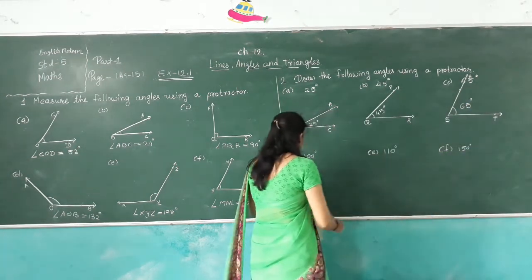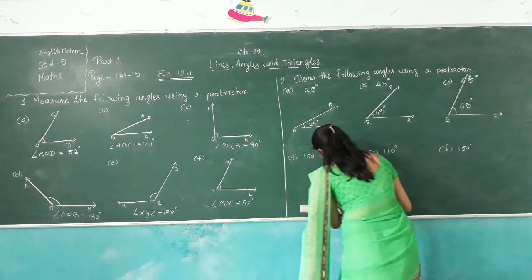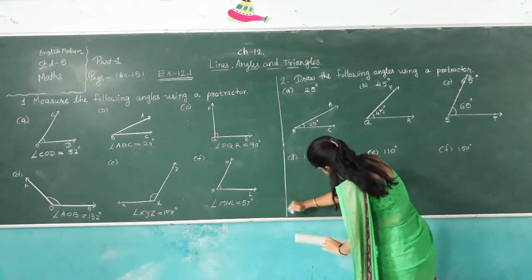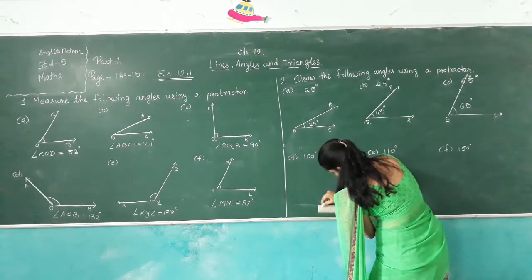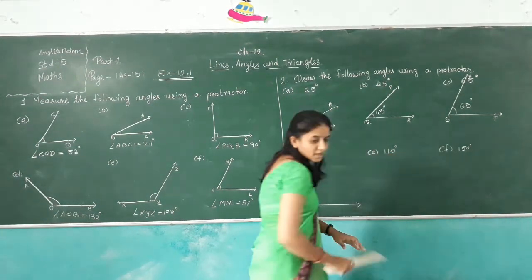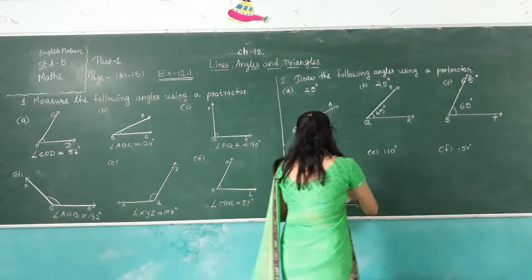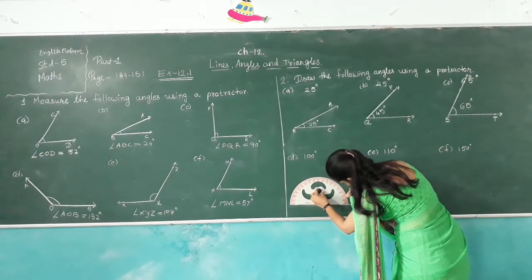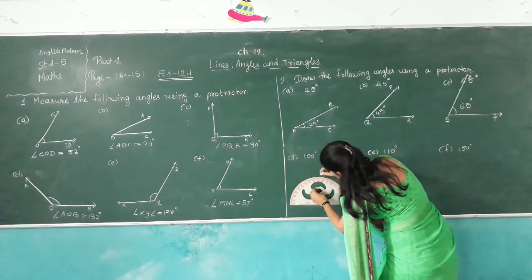Now 100 degrees. So draw a ray. Then put the protractor properly, this way. Then 0 to 100.